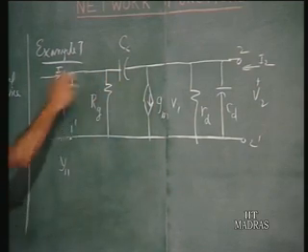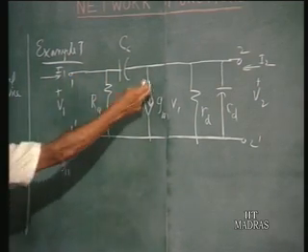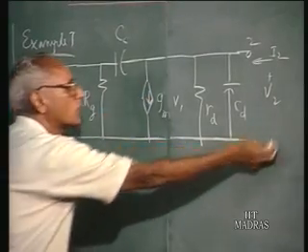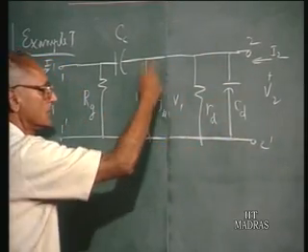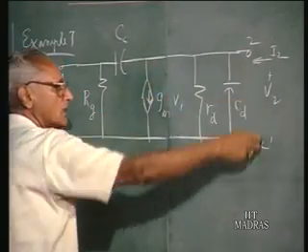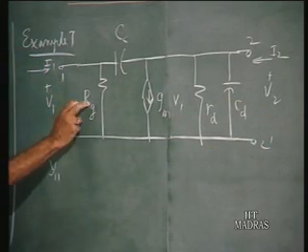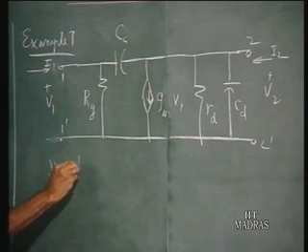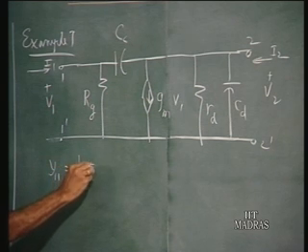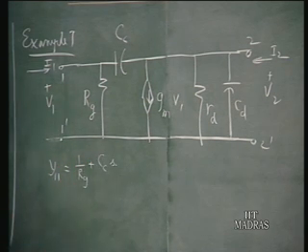Whatever current is generated in the dependent source Gm V1 will flow through the short circuit, because that is the path with the least impedance. So Y11 is 1 over Rg plus Cc s. That is Y11.